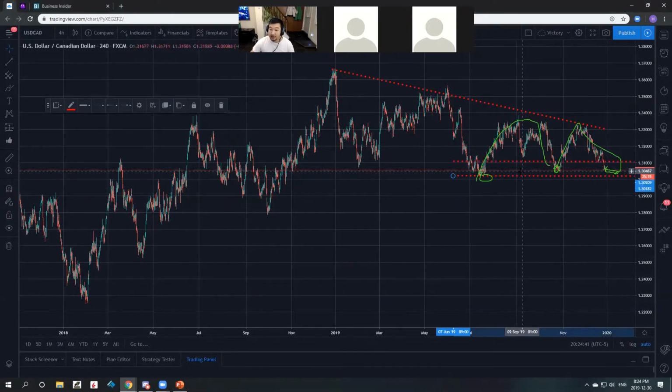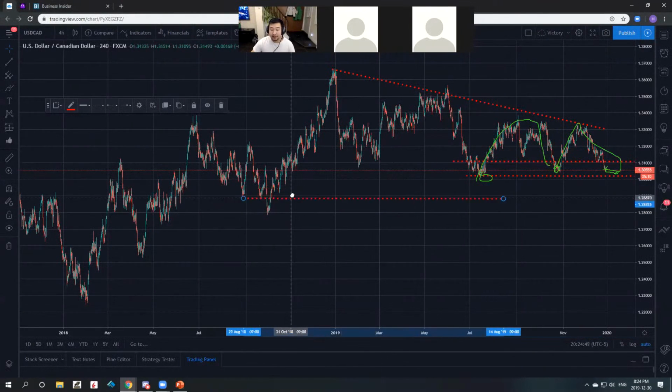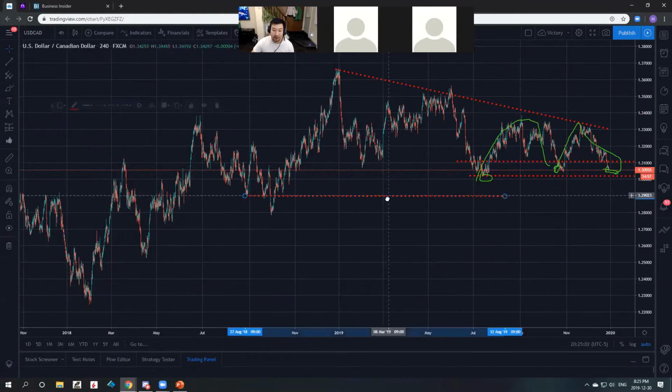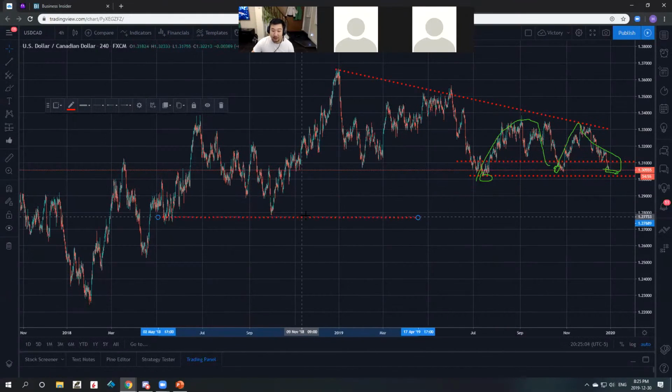If we break that, I think USD CAD could have the potential to do a very strong run in the first quarter of 2020. So in the next 3 months, we could see the Canadian dollar experience some pretty rapid appreciation in value. That could see it at 129, possibly even 128, down here.